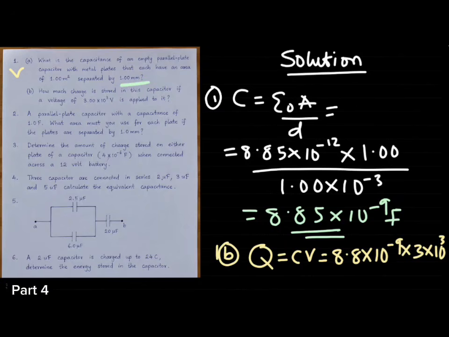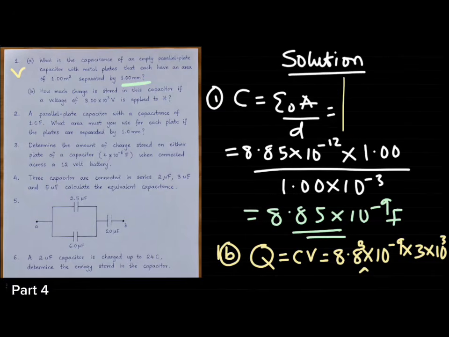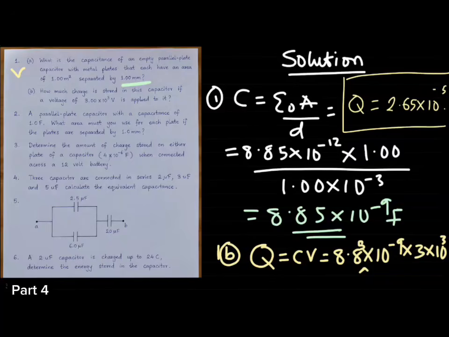So therefore, 3 times 8.85, Q, which is the charge, is equal to 2.65 times 10 raised to the power of minus 5 coulombs. So that's question number 1A and question number 1B solution.